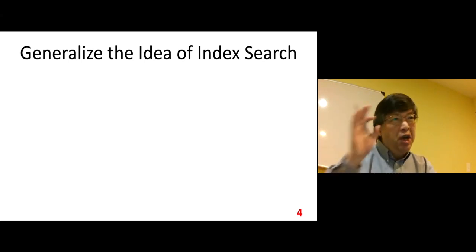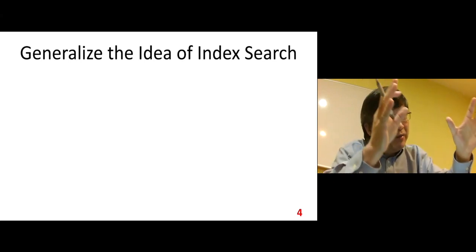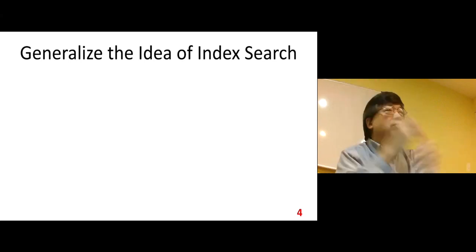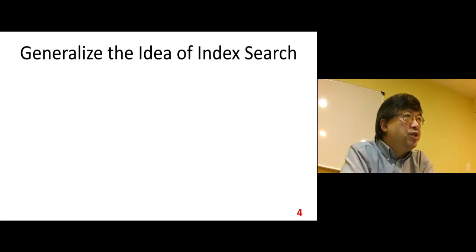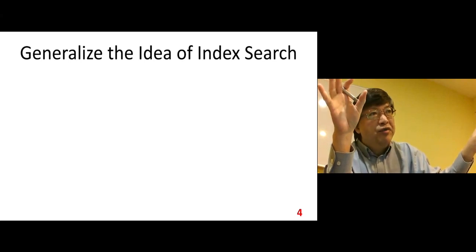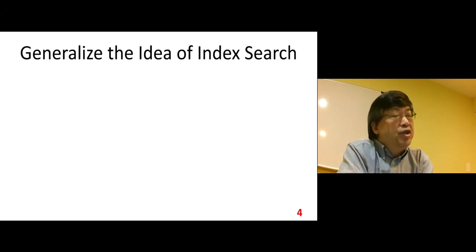The most important point here: let's look at the biggest problem of the index search, the range problem. The data range could be too large, then it is very hard to use space to manage your data efficiently.